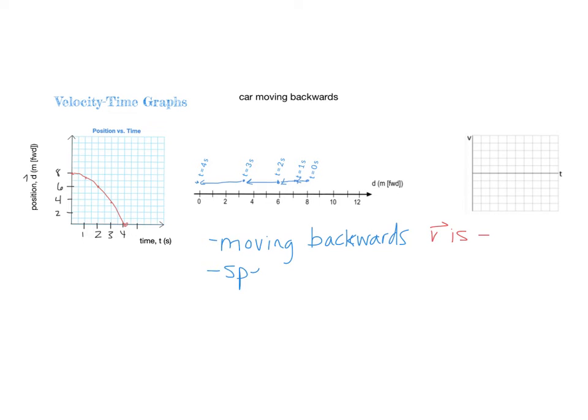So the acceleration has to be in the same direction. So acceleration must also be negative because it's speeding up, going backwards. So v is going backwards, but it's also getting faster backwards.